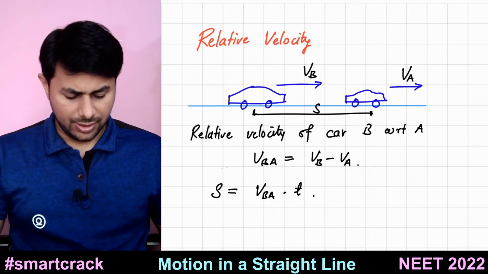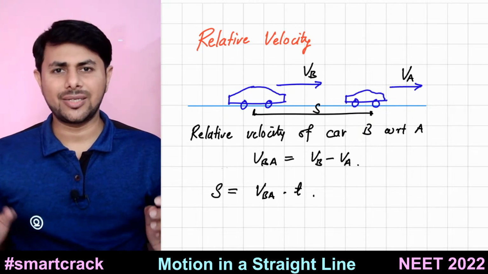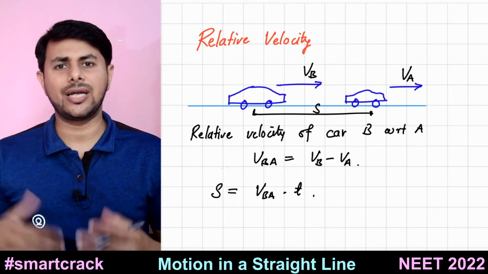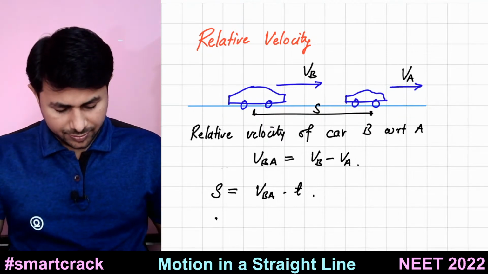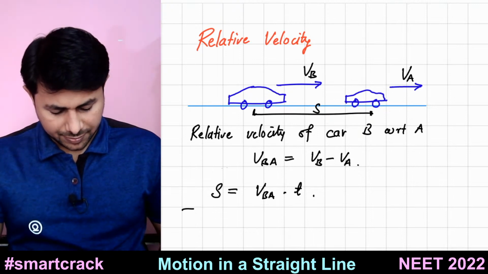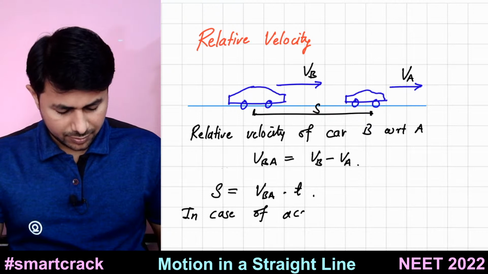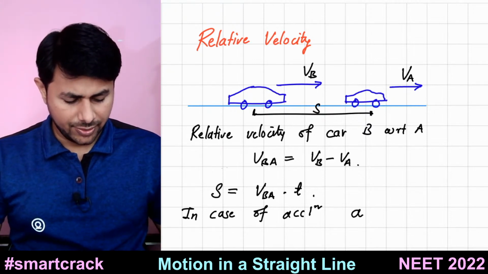This is simple motion, both cars moving with uniform velocity. There can be a condition when both cars are accelerating. In case of acceleration, we have to consider relative acceleration also.